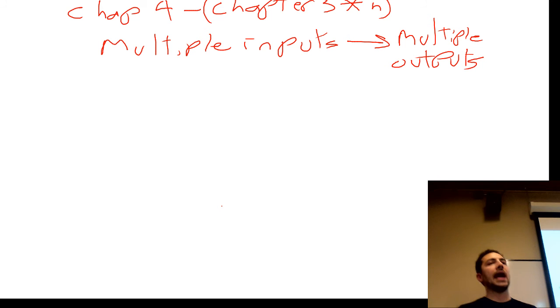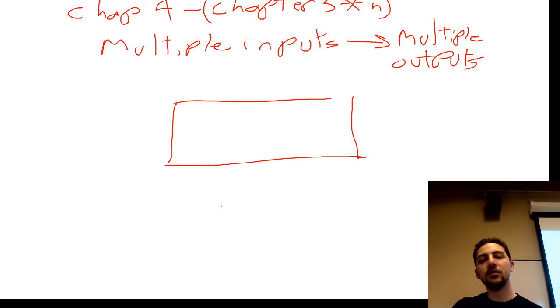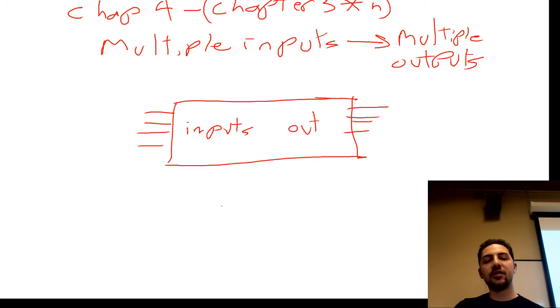Now, factoring and decomposition was kind of a side note in chapter 3. In chapter 4, it's absolutely essential. Any device that we deal with in chapter 4 is going to take on some number of inputs and have some number of outputs. Other than that, it's really just chapter 3.